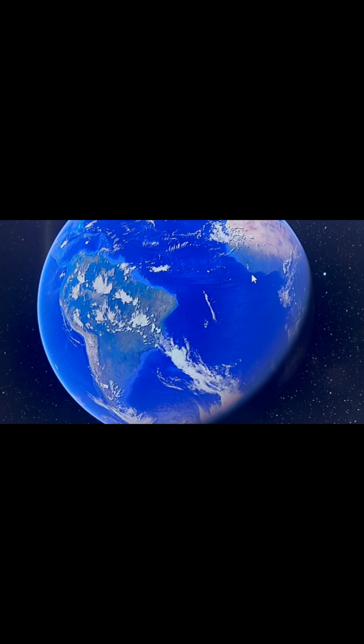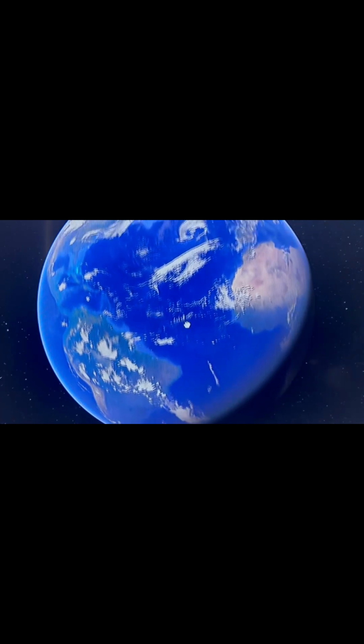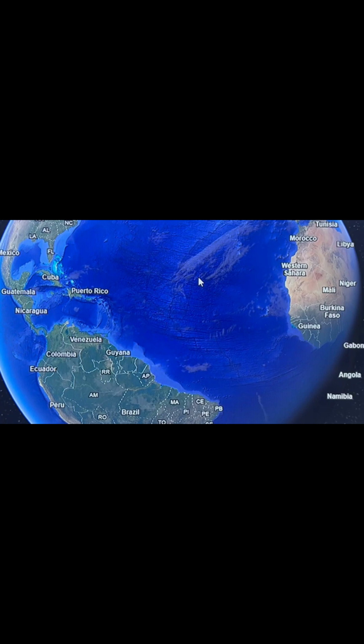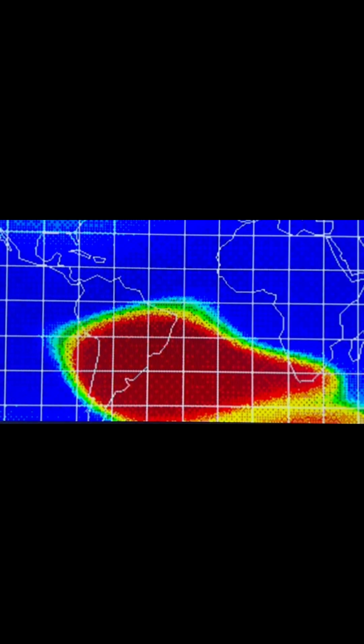If the planet is shifting like this, this puts the South Atlantic anomaly further to the north, up here, extending into the Caribbean, southeast United States, and eventually into eastern United States. South Atlantic anomaly. So this moves up as the planet is tilted down.